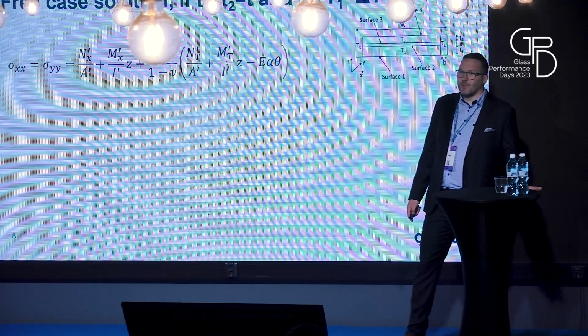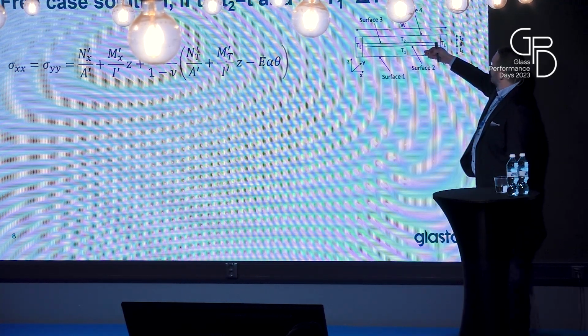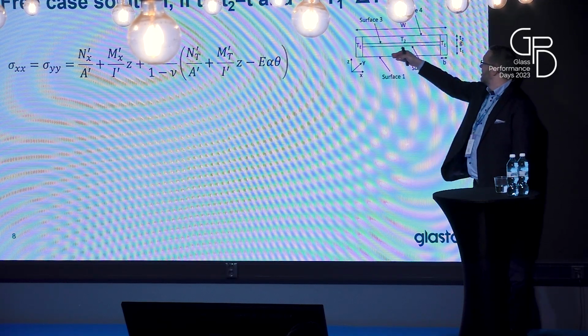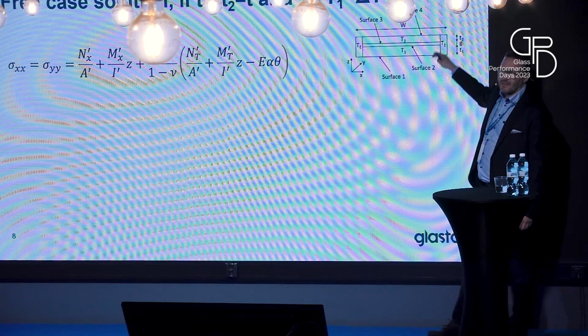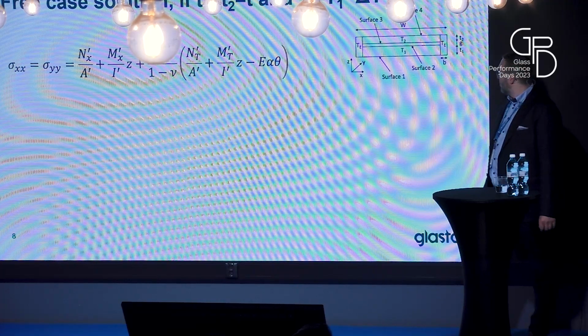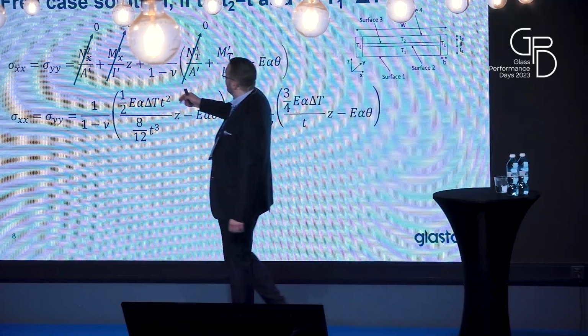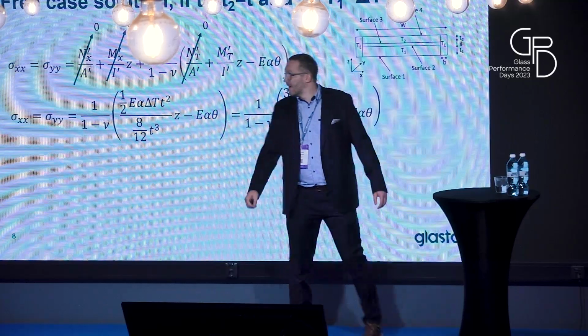Example about a case where you have same thickness glasses. Cases like this. There are two panes combined together at the edge, and those are at different temperatures. And at the edge there is a middle temperature between those two panes. If we have a free case, there are no external forces, so those can be taken off.